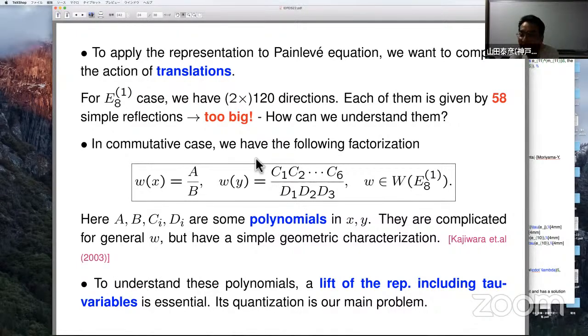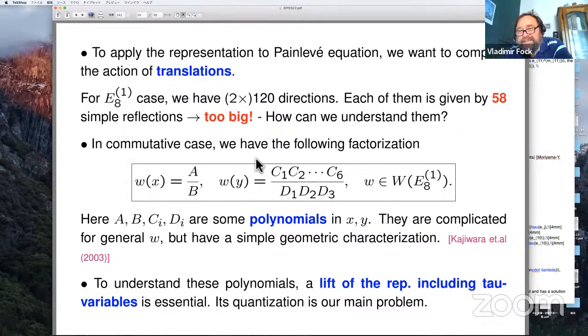The lattice is 8 dimensional, so there are only 8 independent directions, and the other 120 are combinations of them.